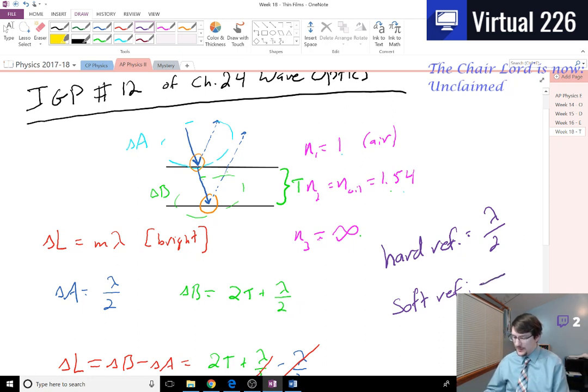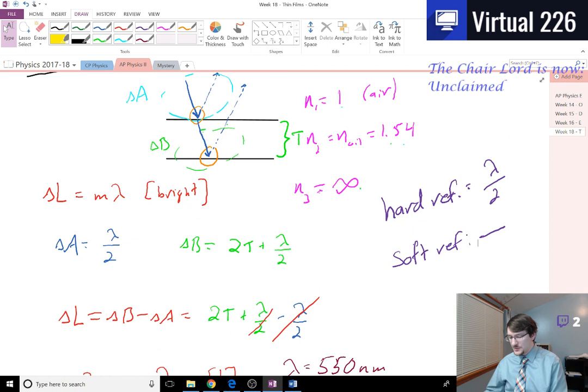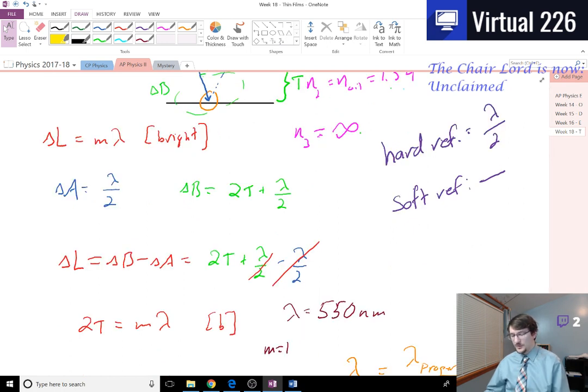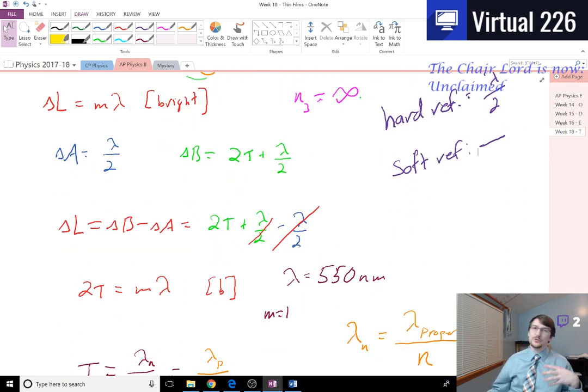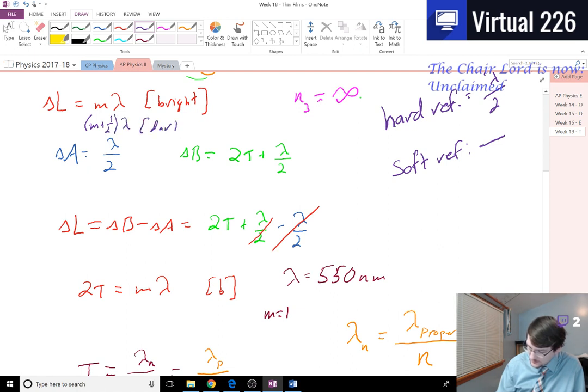We just move on with our lives. If we set that up each time, we find delta L, which is delta B minus delta A, and set that equal to m lambda for brights, or if you are doing darks, m plus 1/2 lambda. That's for a minimum point where it would appear black or dark.